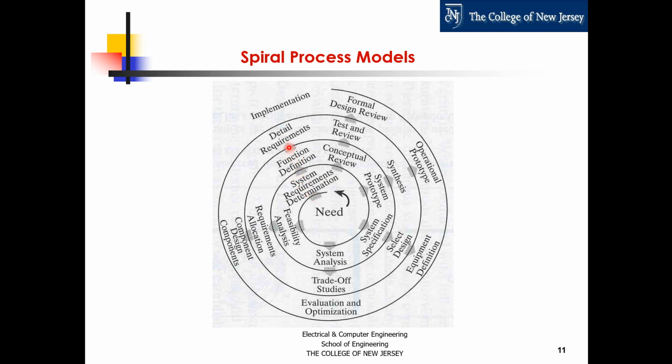That is a similar-in-nature type of activity. So you could assign that to a specific team, a specific person, and maybe someone else is doing the system analysis, the trade-off studies, and the evaluation and optimization. That could be grouped together from a functional perspective. So this is something to keep in mind for that purpose.